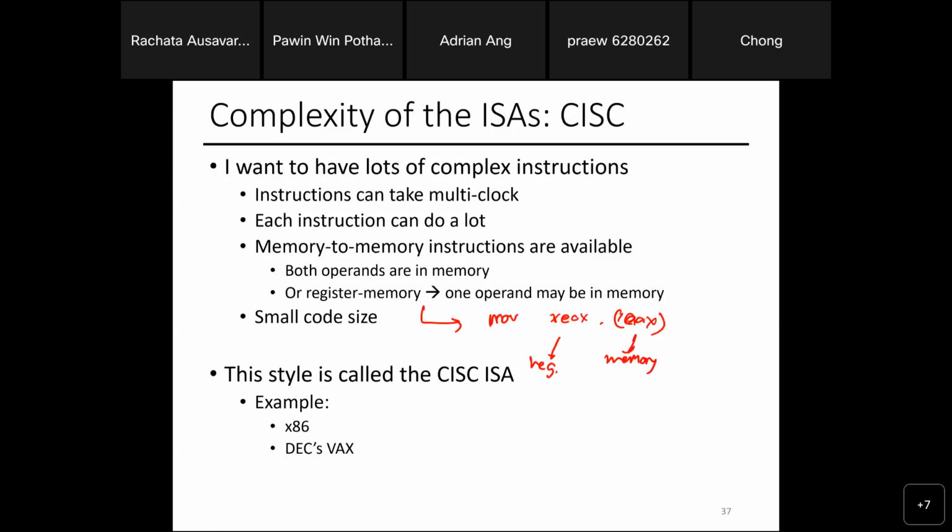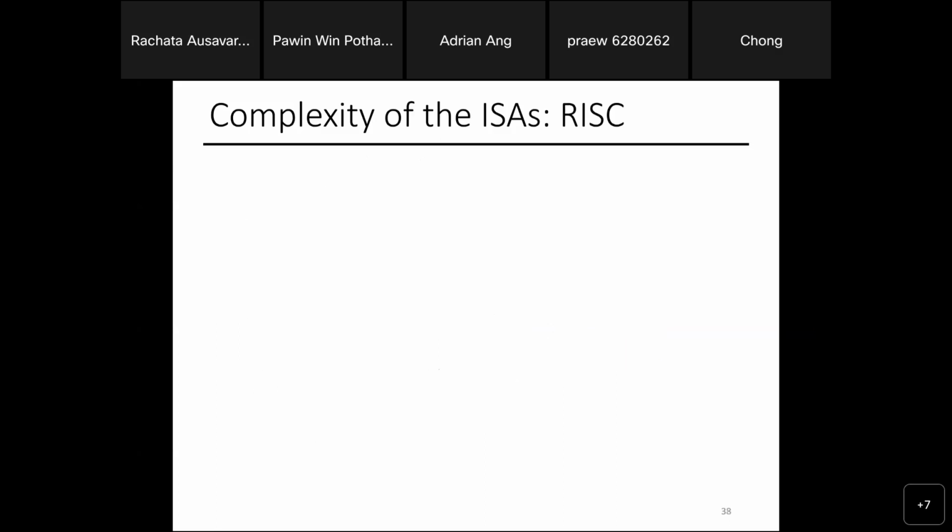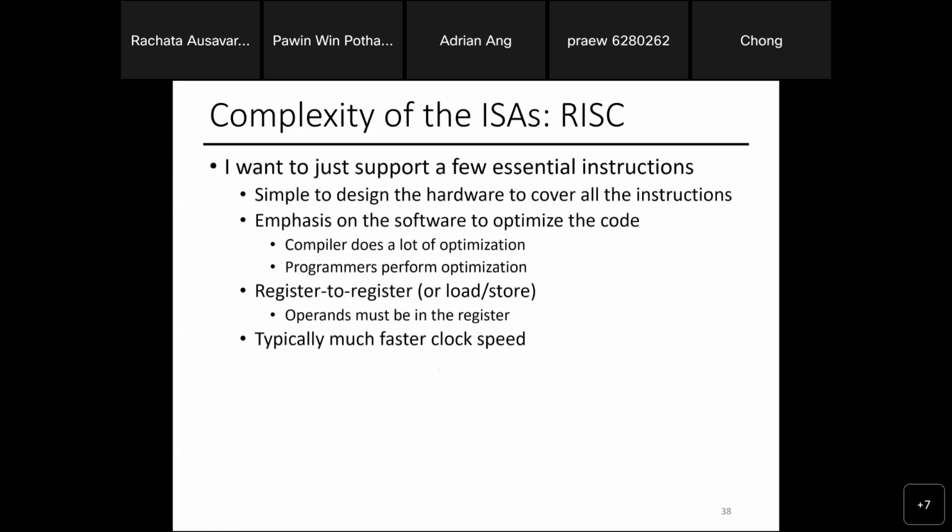CISC was designed for a time in life when memory was expensive, basically. Think of it this way, right? Here's the trade-off of CISC: for whatever transistors I gain, I can get more cache, and more logic for my memory.